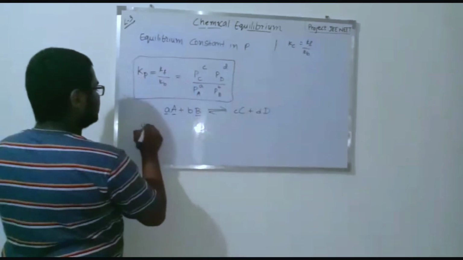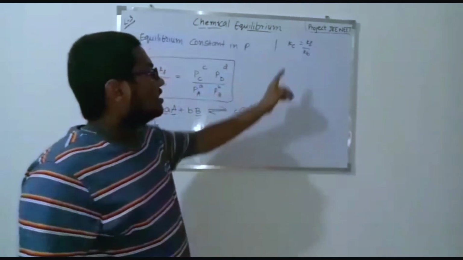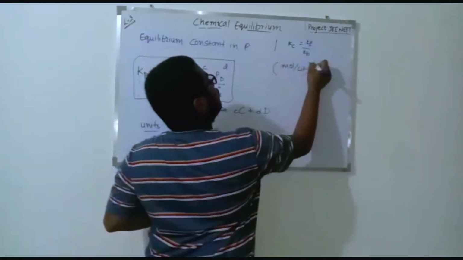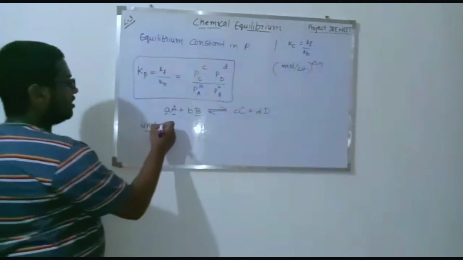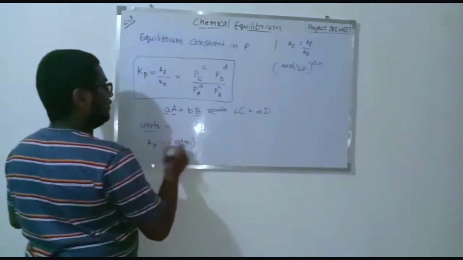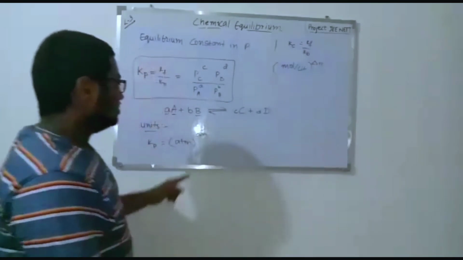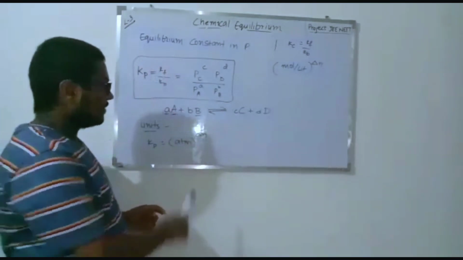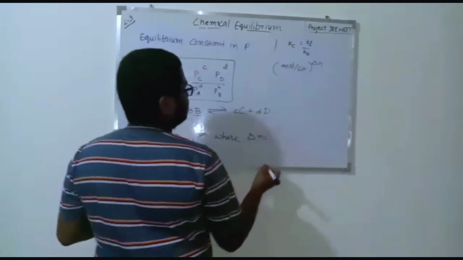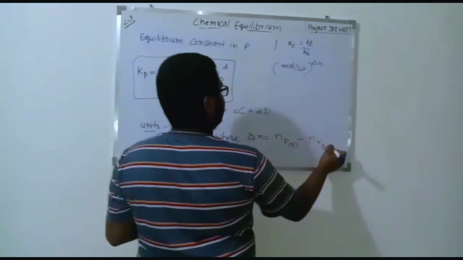Now let's go to the units of Kc. In the previous discussions, we saw that Kc has a unit of mole per liter raised to delta N. Here also, the units of Kp are equal to atm raised to the power delta N. The delta N used in this equation is the same as the delta N used in the earlier equation, where delta N is equal to the number of products in gaseous phase minus the number of reactants in gaseous phase.